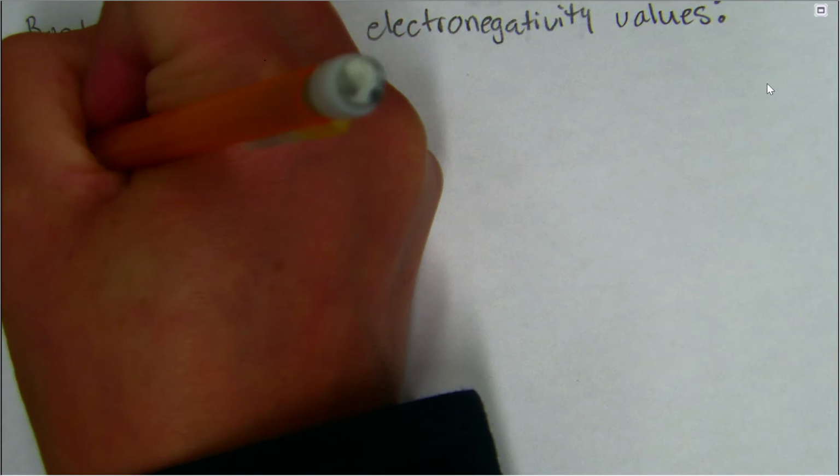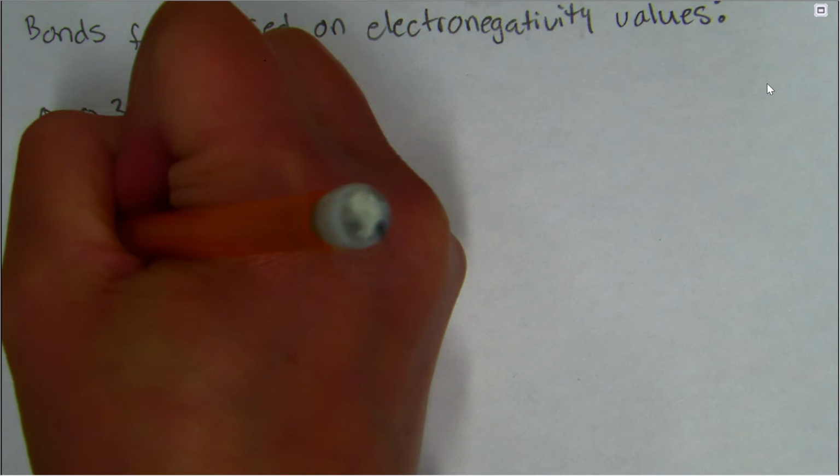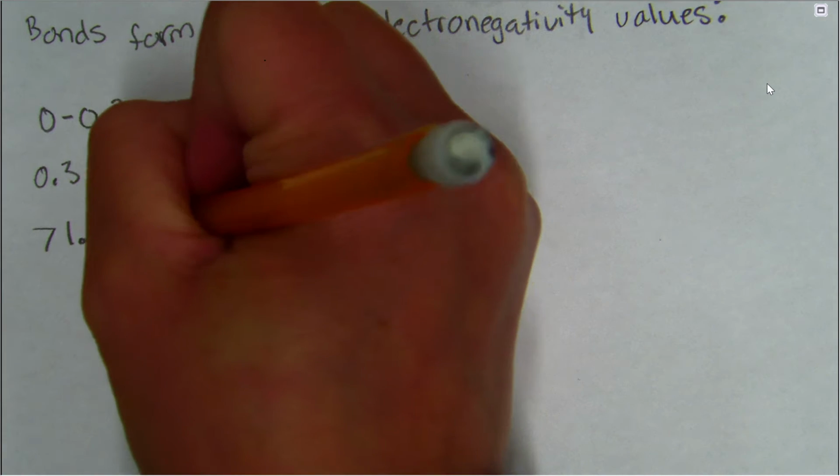So a 0 to 0.3 is going to be a nonpolar bond. A 0.3 to 0.7 is going to be a polar bond. And anything over 1.7 we say is going to be an ionic bond.